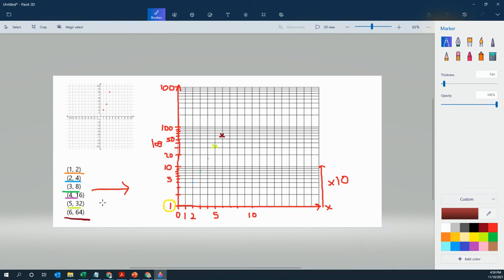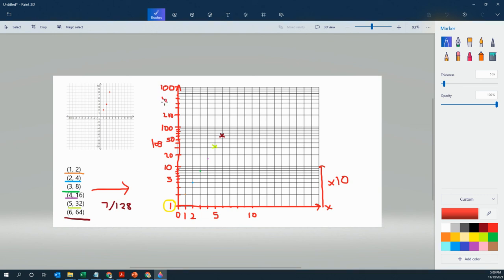So if you wanted to say 7 and 128, which is the next doubling, we just have to figure out what the next set of labels is, right? If this is 100 and this is 1,000, then this would have to be 200, 300, 400, 500.